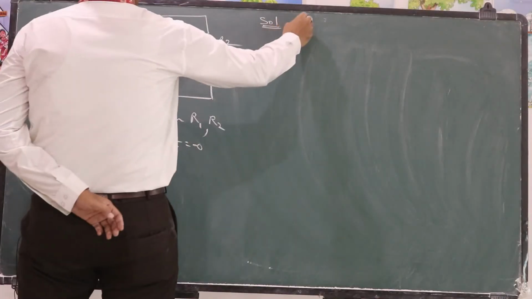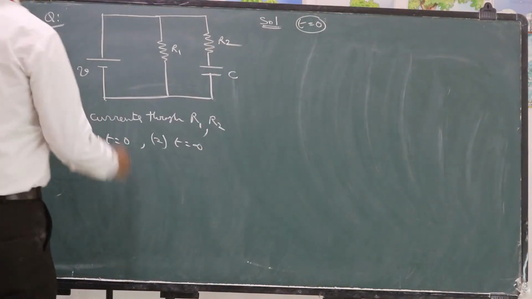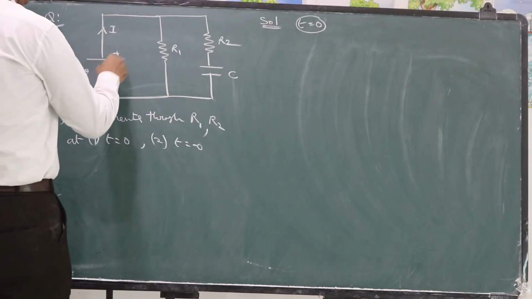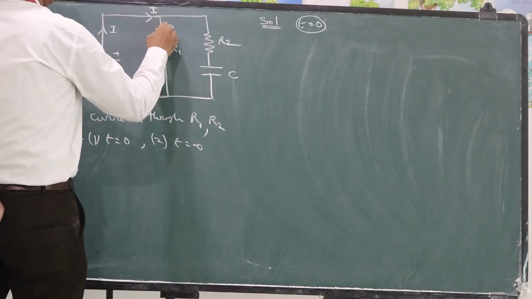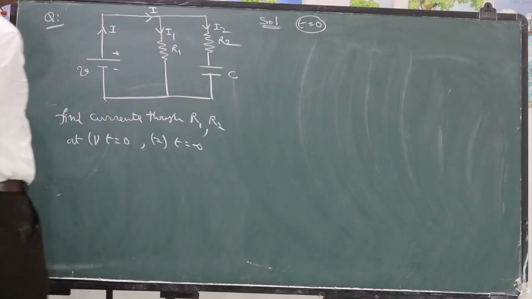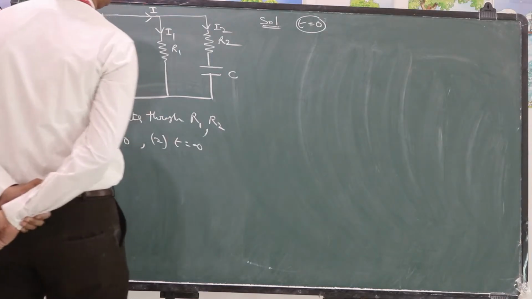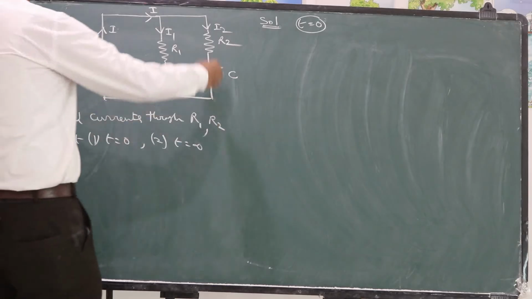Let me speak at time t equal to 0. Let I be the current given by the battery. From this, I is coming here, I1 is going through the first resistor, I2 through the second resistor. As we know, at time t equal to 0, the initial state of the circuit, the capacitor can be short circuited.